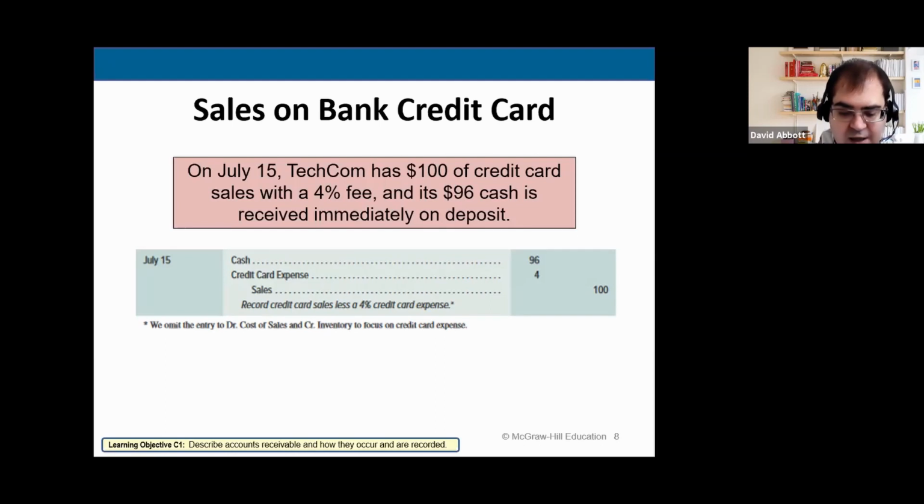Third, sellers typically receive cash from the credit card company sooner than if they had granted credit directly to the customer, because the card company will usually pay either the next day or within the next few days. Fourth, more credit options for customers can lead to more sales.